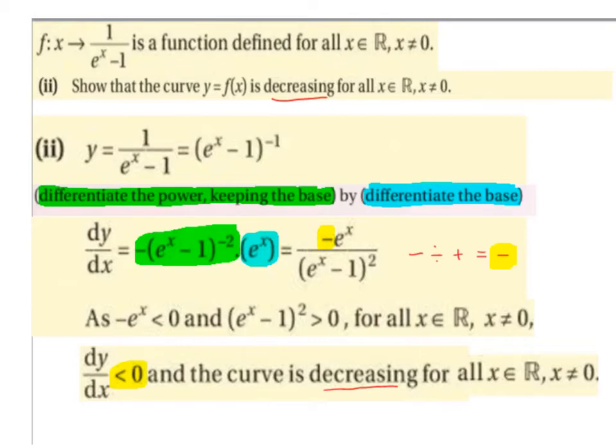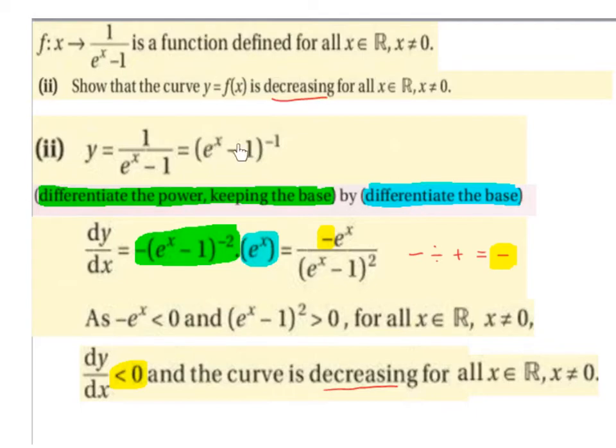So differentiating the outside, we differentiate the power, keeping the base. So the minus 1 comes down in front, so we've minus 1 in front, and then minus 1 is minus 2. So we've differentiated the power, and we've kept the base on the inside. And we multiply that by the derivative of the base.